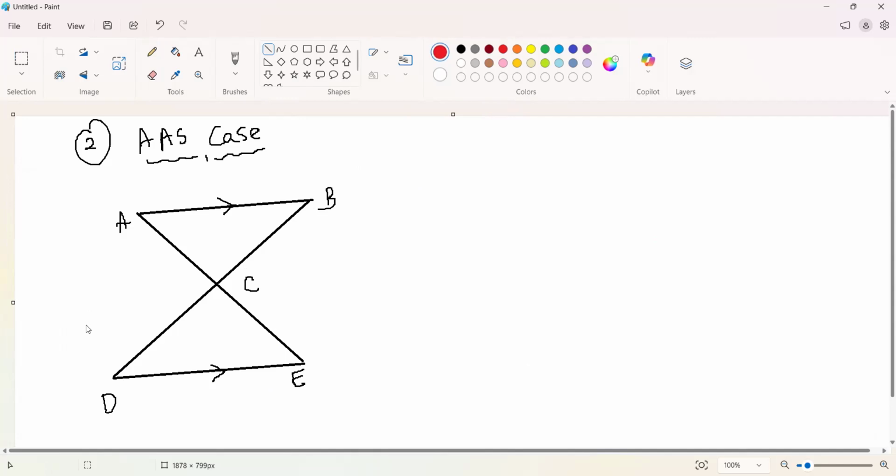In between the Z. In the Z letter, these two corners are equal to each other. So what is the reason? These are called alternate angles, the Z letter.